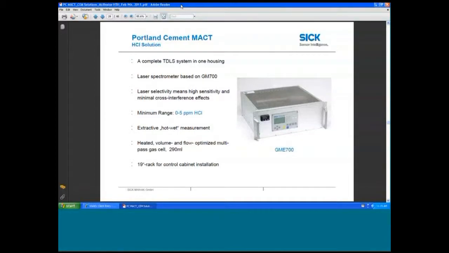And with the proper integration, you could pull a sample off of an existing sample system and run this through. Depends on the setup and if the sample system from the probe to the heated line is already controlling at a proper temperature to avoid salt formations and loss and that kind of stuff. But theoretically, you could integrate this into an existing cabinet and measure HCl as a single component.